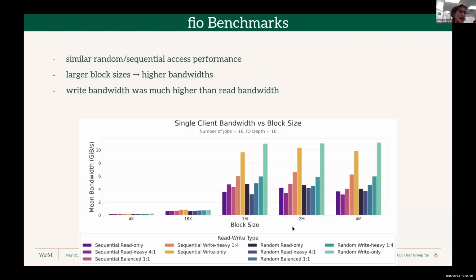And the write bandwidth for using this POSIX API on the dfuse mount point was much higher than the read bandwidth, although these numbers overall will be much lower than what we saw for the native DAOS API later. And for different numbers of jobs and IO depths, we didn't really see any significant trend with regard to them.